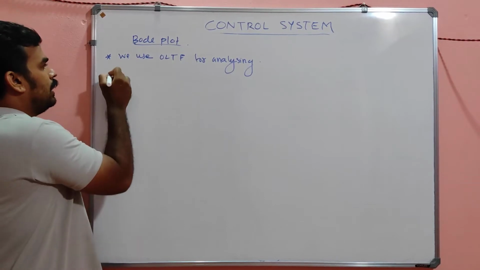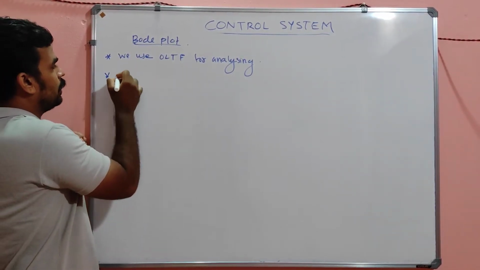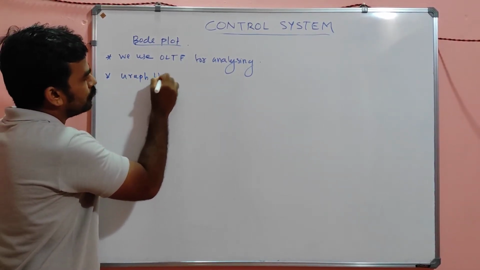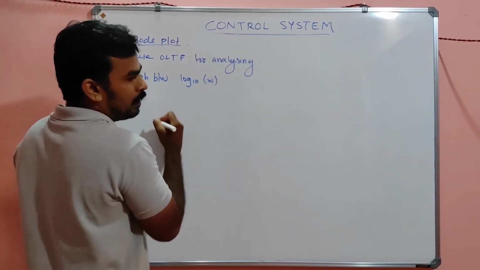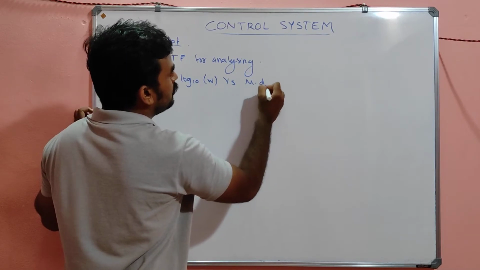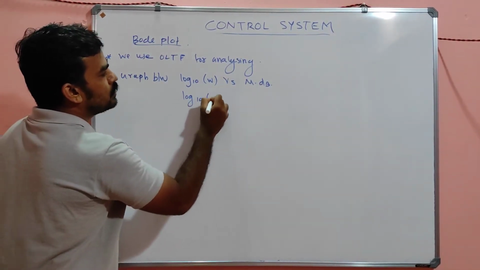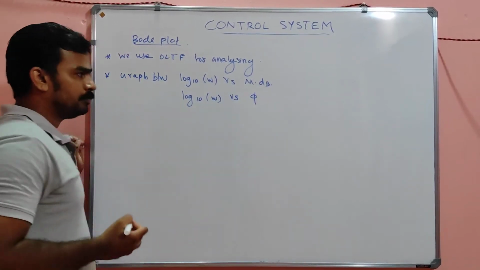And what is this Bode plot? It is a graph between log 10 to the base omega versus magnitude in dB, and log 10 to the base omega versus phase angle.